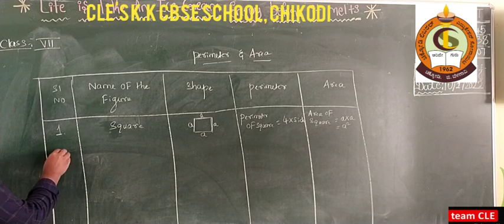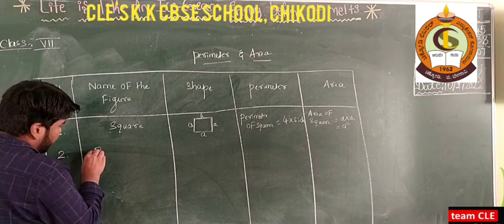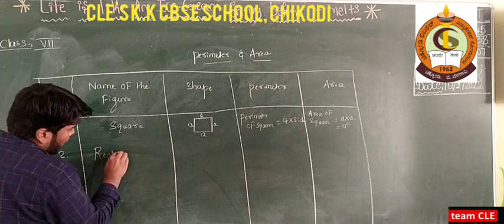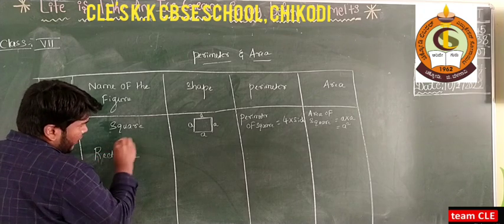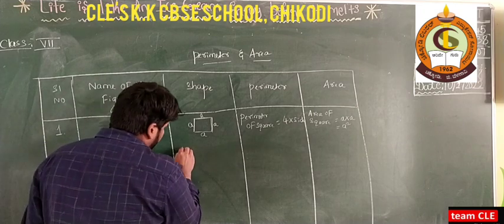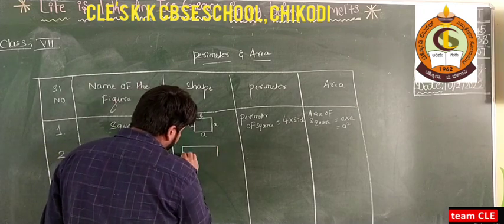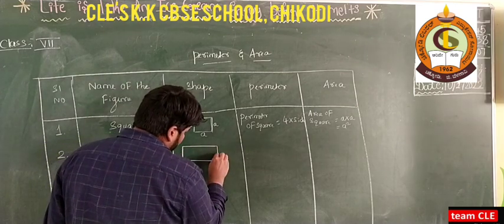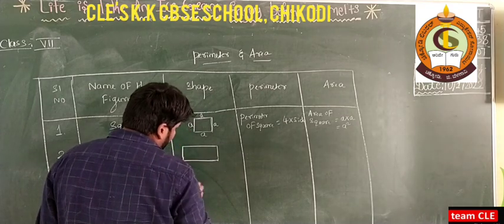Second, we have the rectangle. The shape of the rectangle is like this.